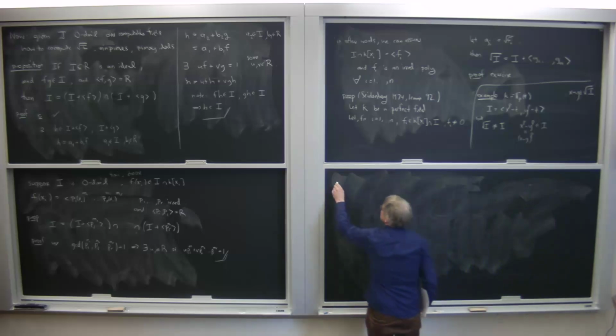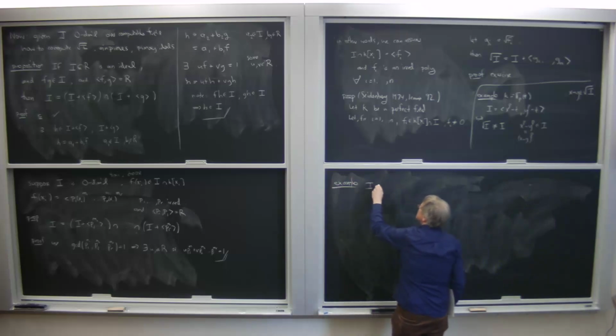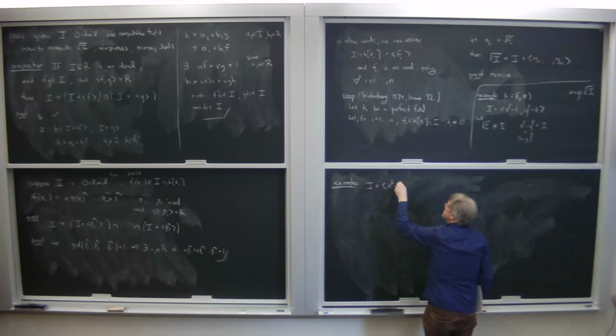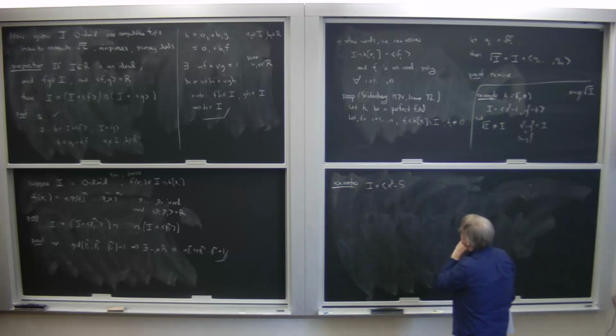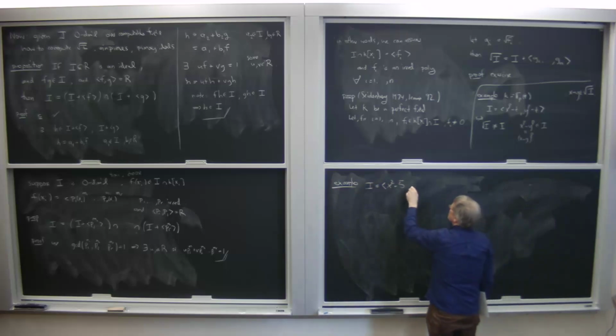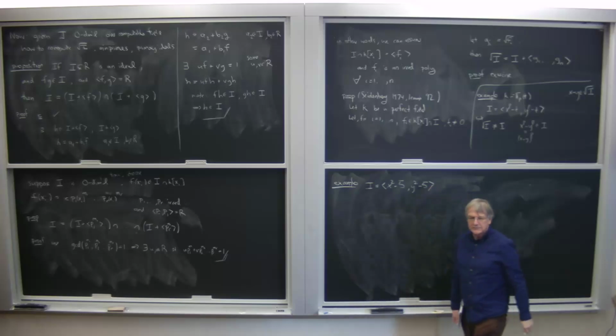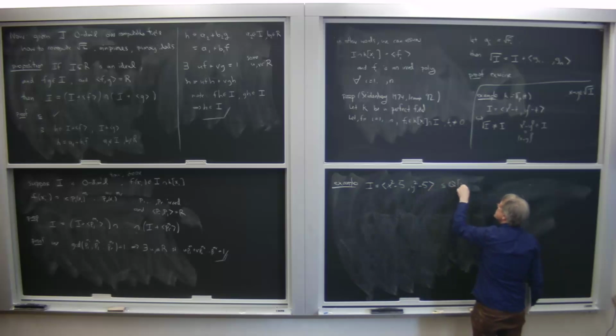So here's an example. What if I is generated by x^2 - 5 and y^2 - 5 over Q, say?